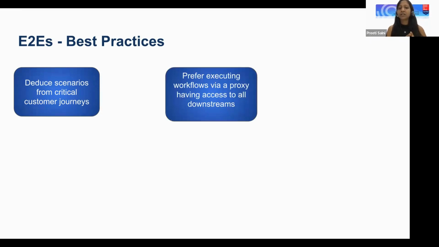The next best practice is to prefer executing these end-to-end tests through the workflows and proxies which have access to all your downstream services. For example, when you have user experiences that interact with your microservices platform or mesh of microservices via a proxy or a gateway, see that your end-to-end tests also use the same journey your consumers use to interact with your microservice platform.